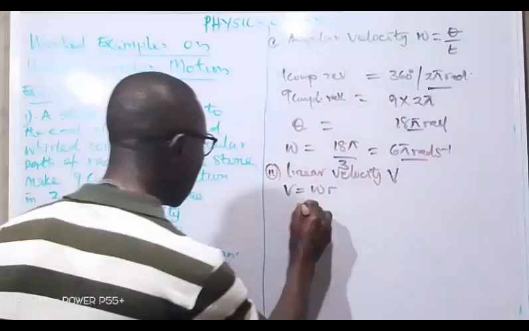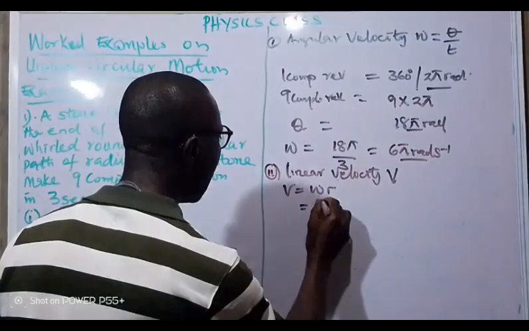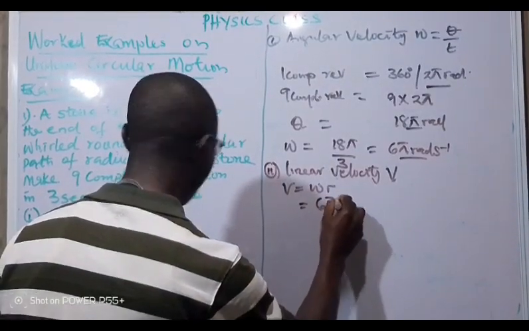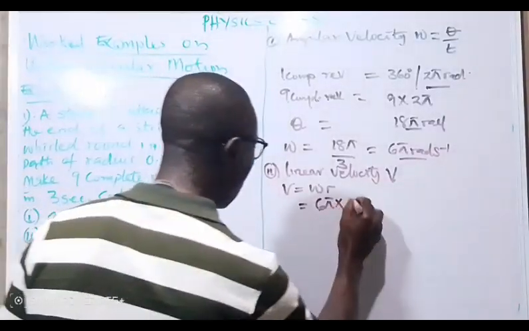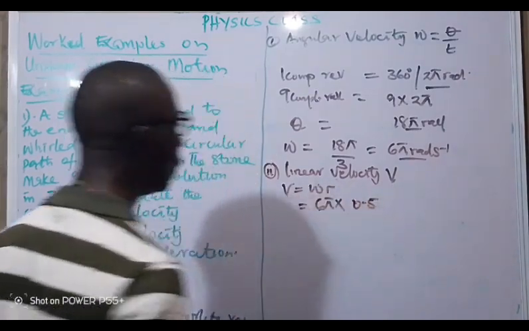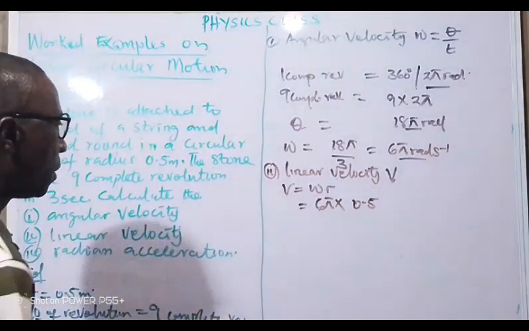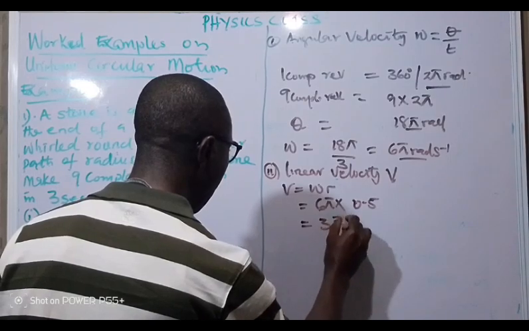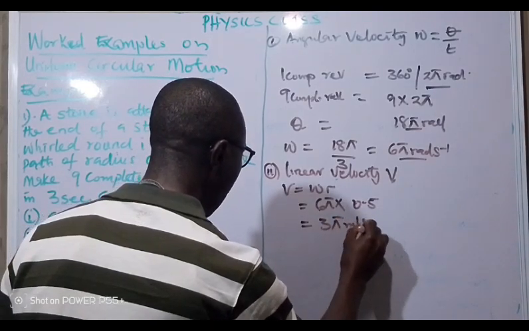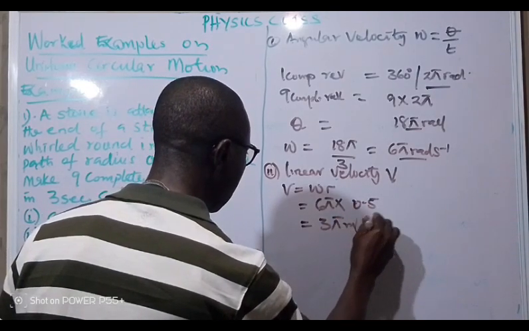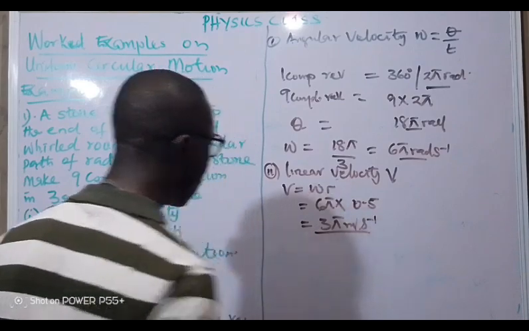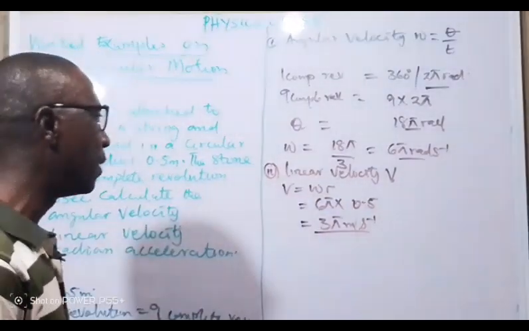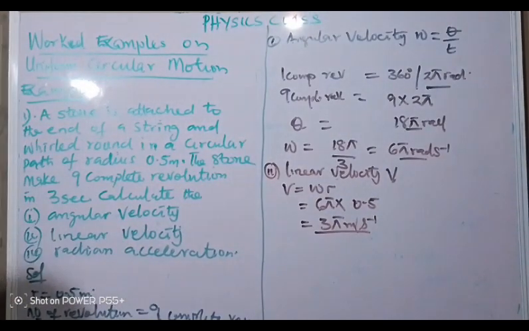So that will give us 6 pi multiplied by 0.5, which gives us 3 pi meter per second. Don't forget the unit of linear velocity is meter per second.